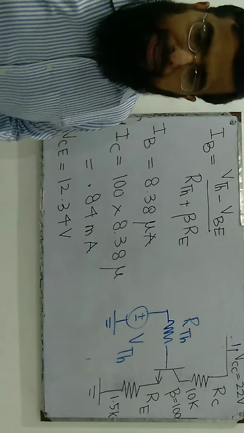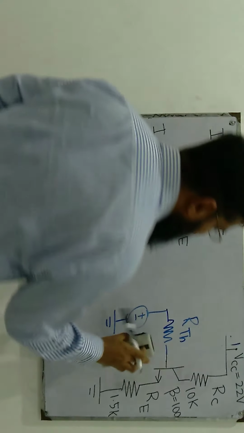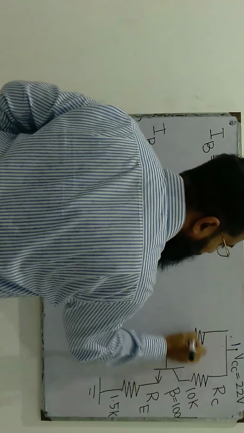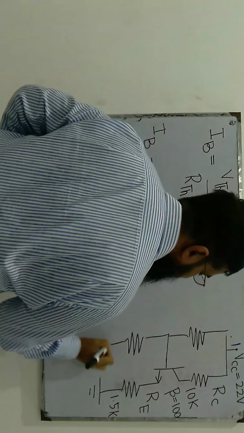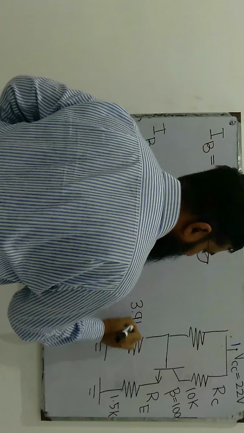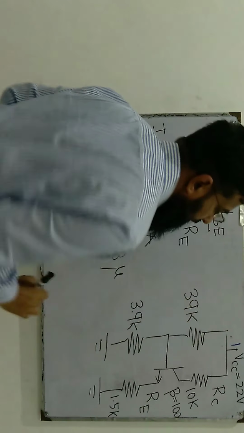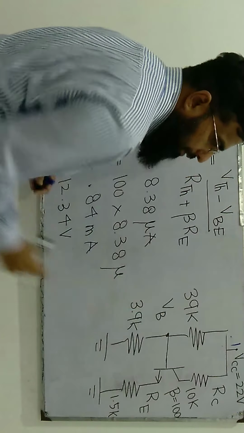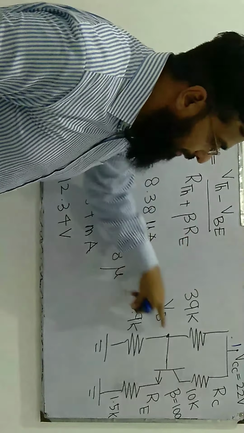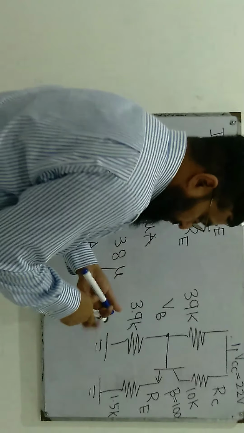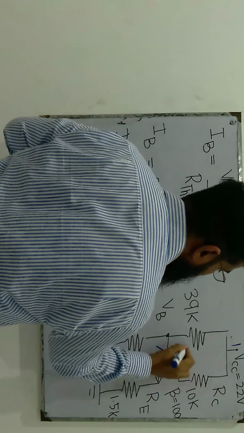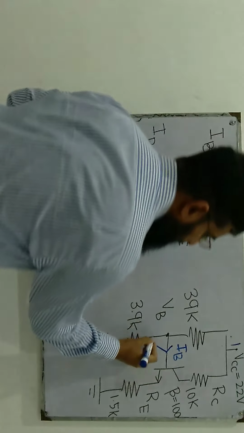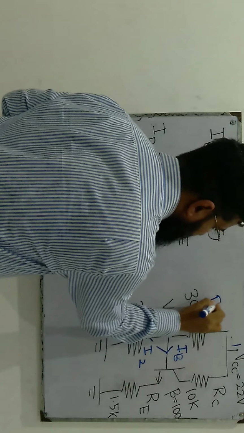The same problem can be tackled using approximate analysis. Going back to the original circuit, we assume that this VB voltage is computed using the voltage divider theorem here, and we also assume that IB is negligibly small compared to the current flowing through this R2 resistor.